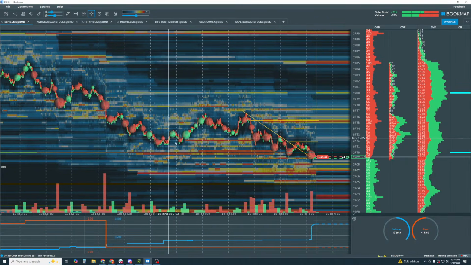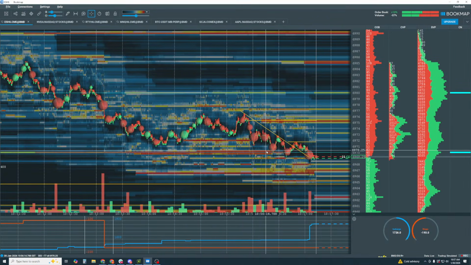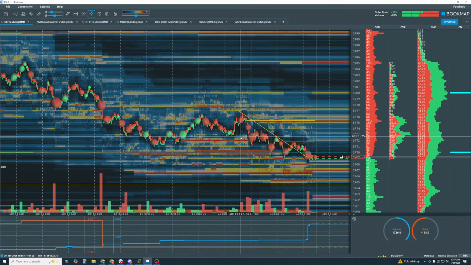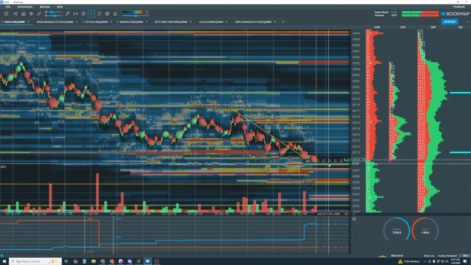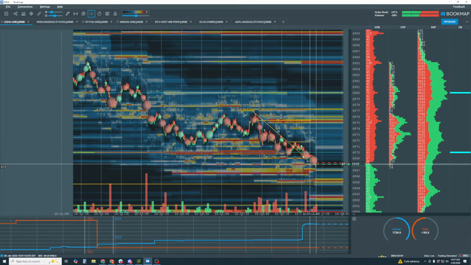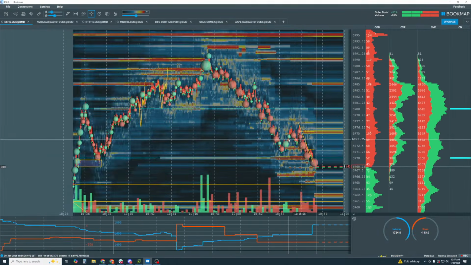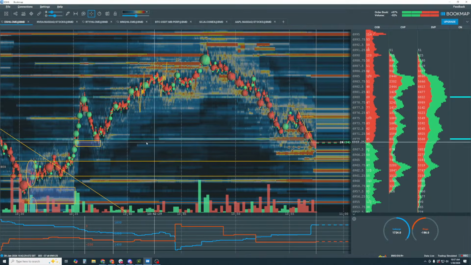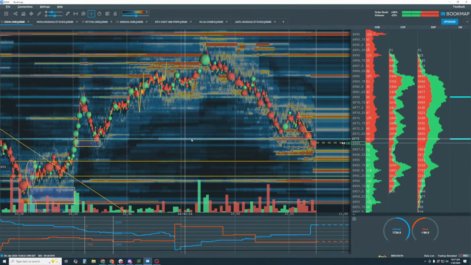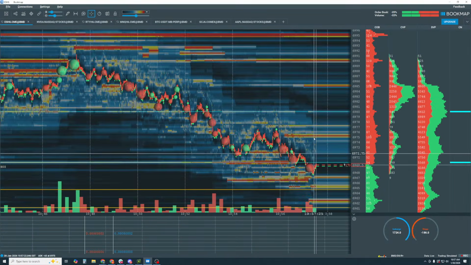We don't see a lot of passive liquidity getting filled on this small time frame. So maybe it has to dip lower before we get any buyers. Maybe we just don't get any buyers at all, and it just continues to rip through this level. For the intraday, I'm anticipating a bounce, just a bounce, not much.